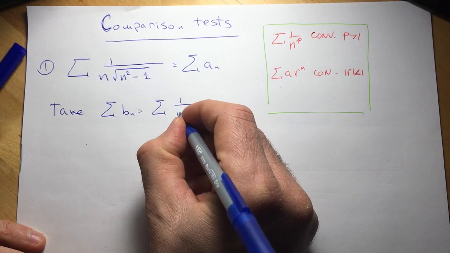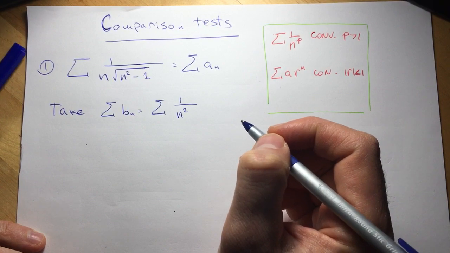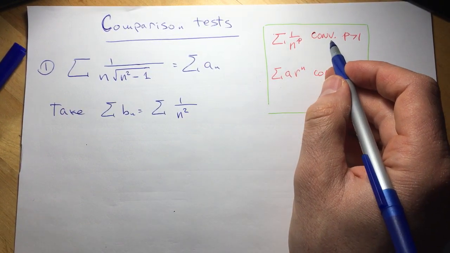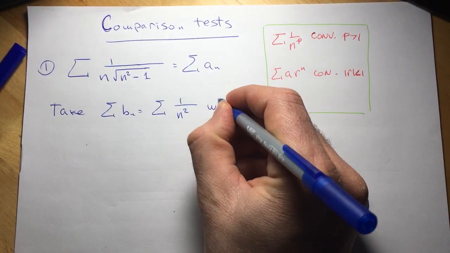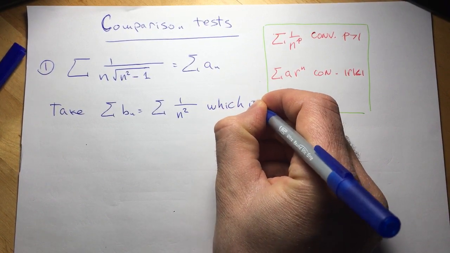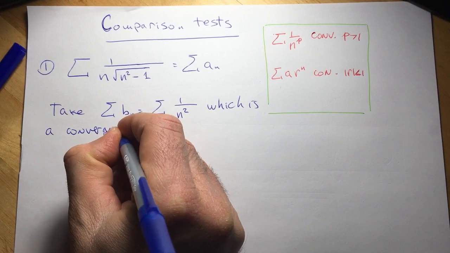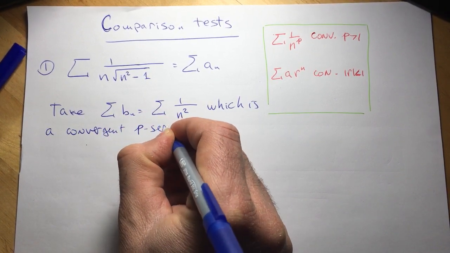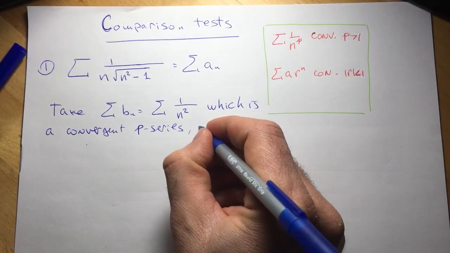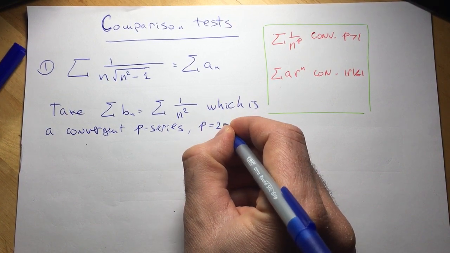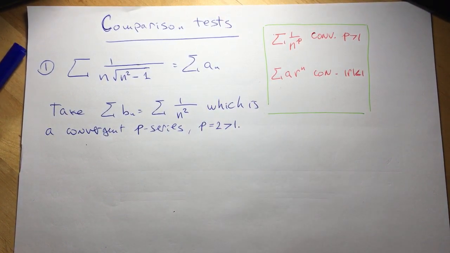N times n is n squared. Obviously we are talking about the p-series, which is convergent because p is equal to 2, greater than 1.